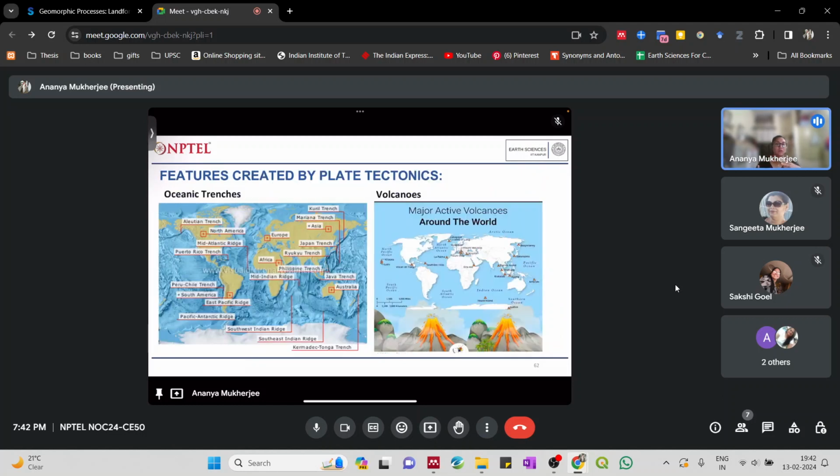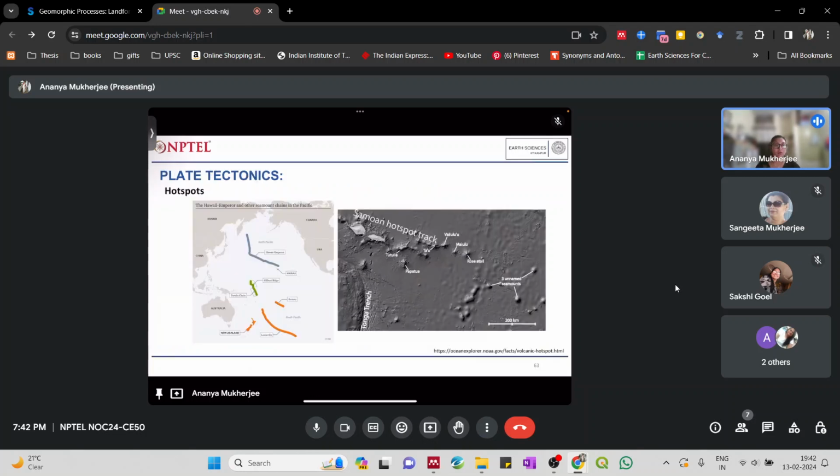So now we know how plate tectonics happens, what the mechanism behind it is, and the different kinds of boundaries present for each of the plates. The most important features found are oceanic trenches, volcanoes, and hotspot volcanoes occurring in places.